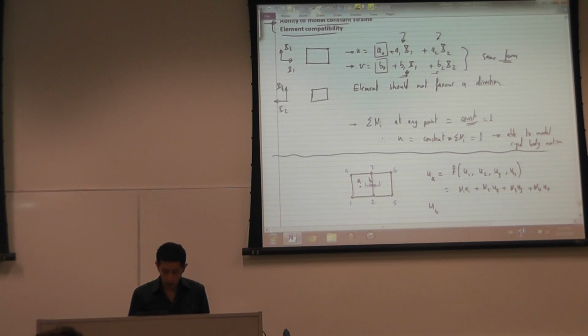The displacement at point B for element 1 is a function of U2 and U3 only.